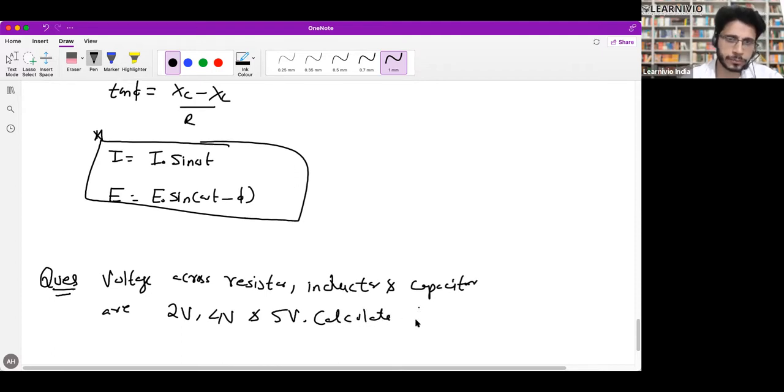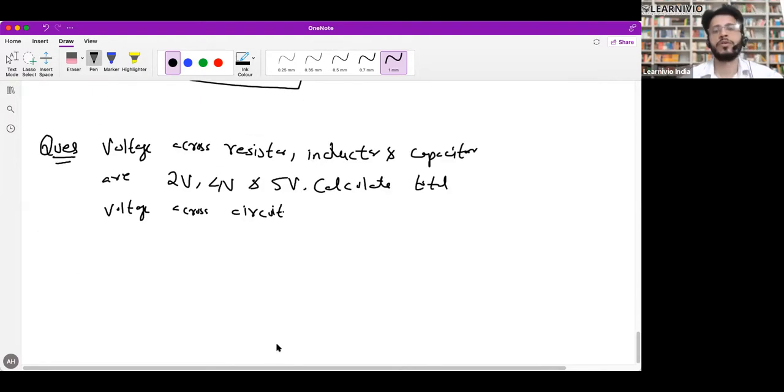Calculate the total voltage across the circuit. You need to calculate the total voltage drop across the circuit.